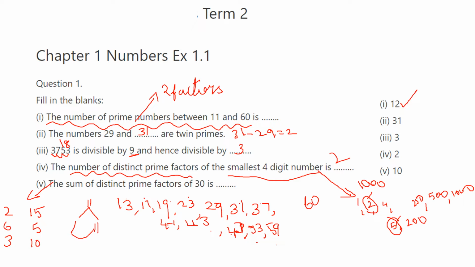So in this sum of distinct prime factors, add 2, 3 and 5. 2 plus 5 is 7, 7 plus 3 is 10. So the answer is 10.